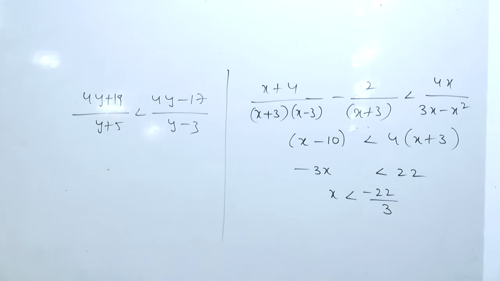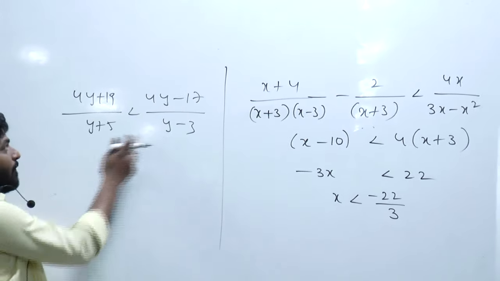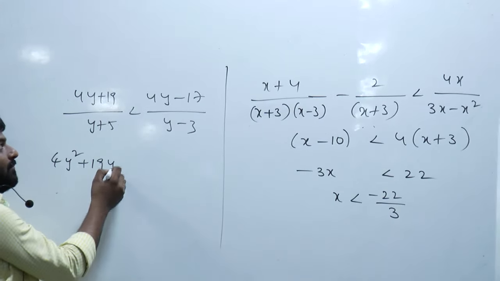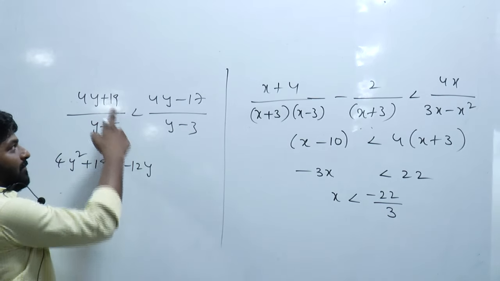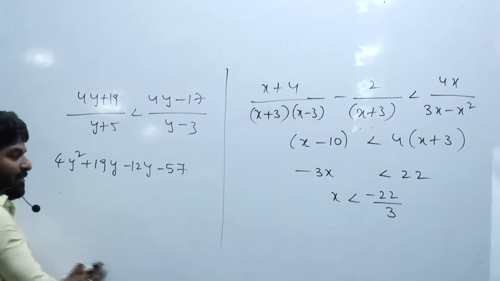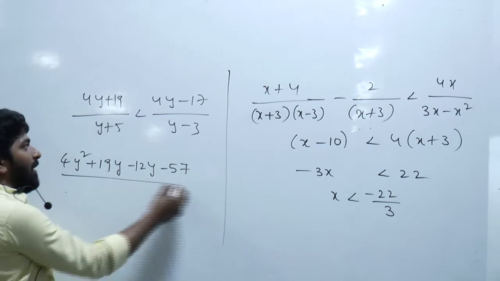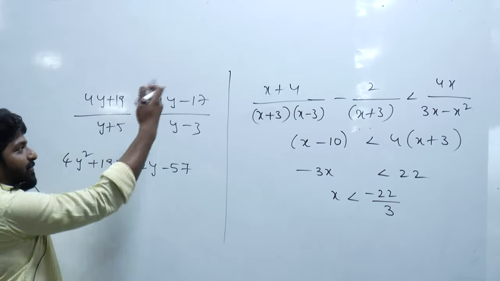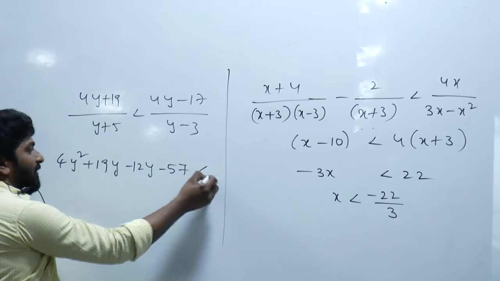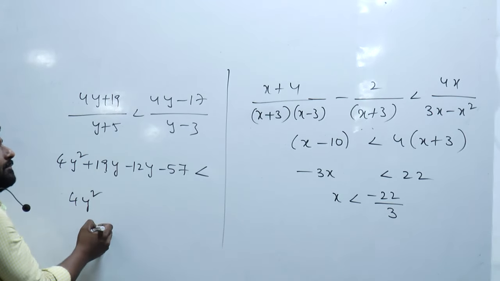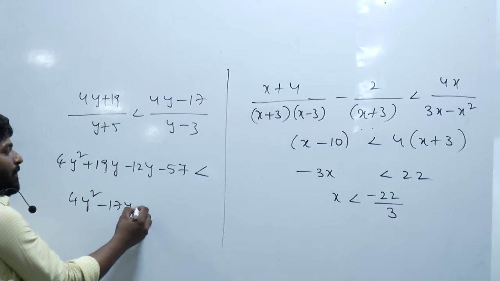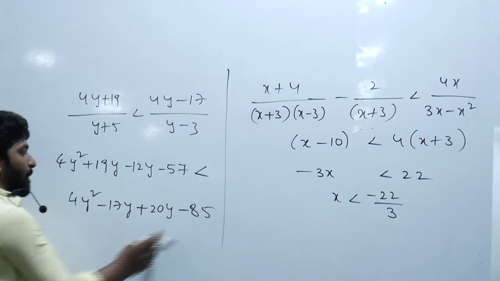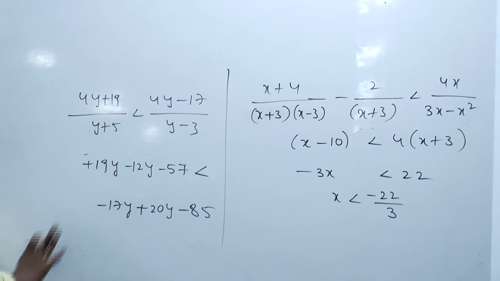No other way, you have to solve it. 4y² plus 19y minus 12y minus 57 by... no, wait, take y+5 to the right hand side, that will be 4y² minus 17y plus 20y minus 85. 4y² cancels.